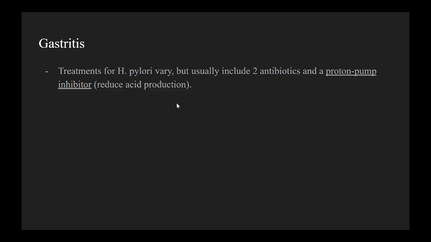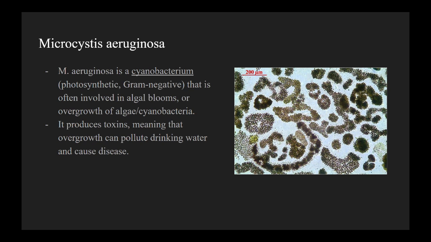Treatments vary, but they usually include a series of antibiotics so that they don't get resistant to one of them. You kind of attack them from 2 different angles at the same time. And you can also use what's called a proton pump inhibitor or an H2 inhibitor that just reduces the acid production within your stomach so that your stomach cells get less irritated.